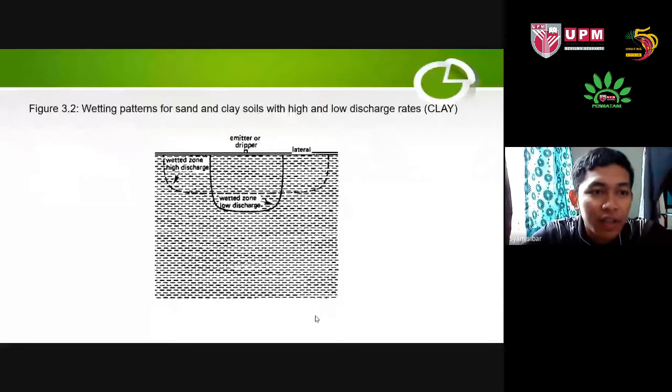The next wetting pattern is for clay soils at high discharge and low discharge of water. As you can see in figure 3.2, when we use a high discharge of water, the wetted zone is more spacious, meaning it will cover more space in the soil.